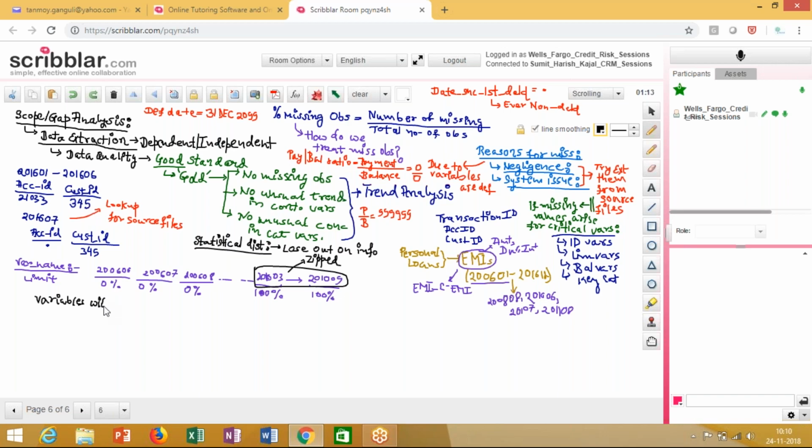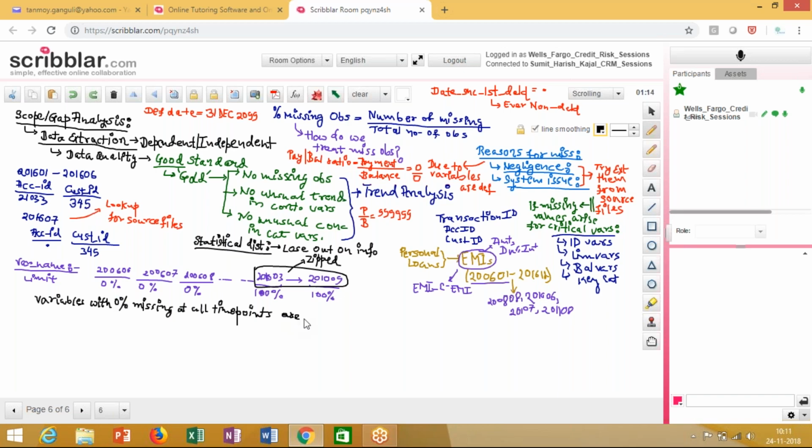So variables with 0% missing at all time points qualify for the next steps and are selected.